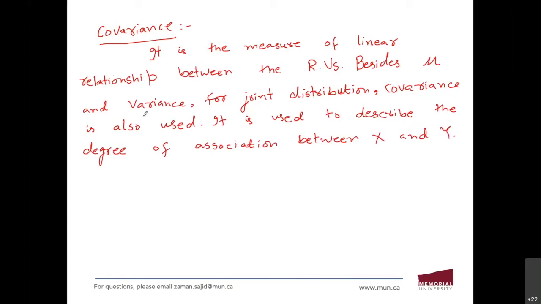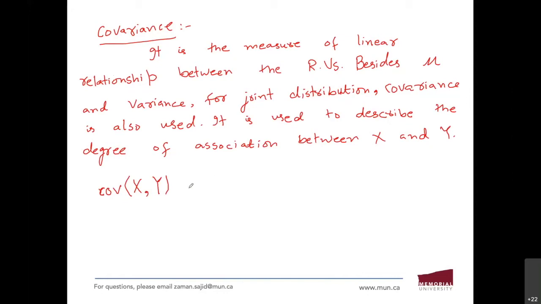How do we denote the covariance? It is written as COV of random variable x and y.